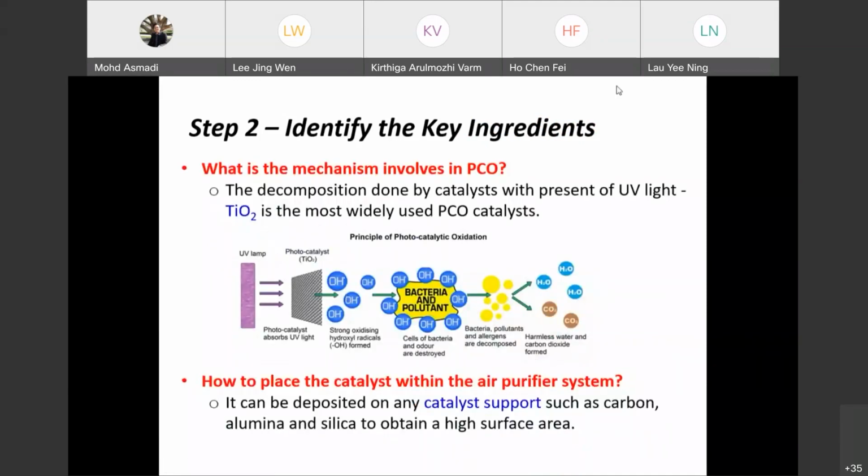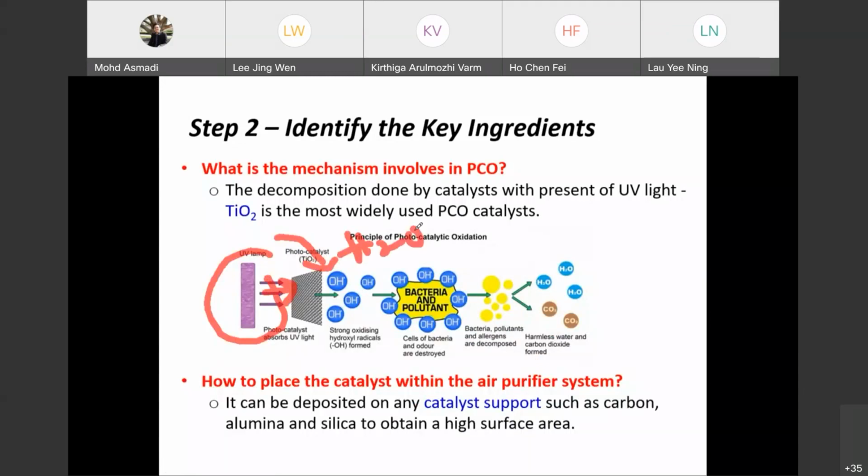As I told you, this is a UV lamp, right? The UV gives energy here to the photocatalyst. So it will actually produce radicals. Okay, radicals, because water is also going to be absorbed here. Okay, H2O.